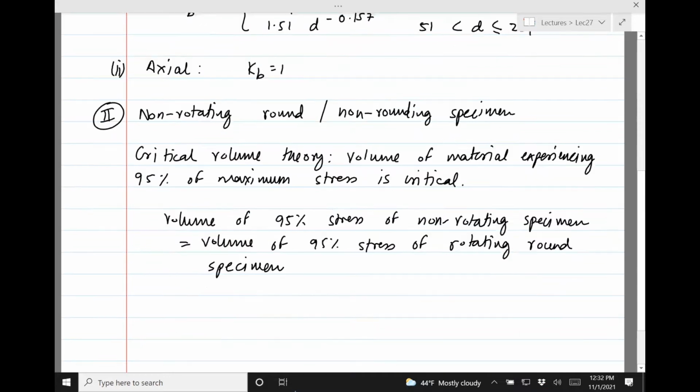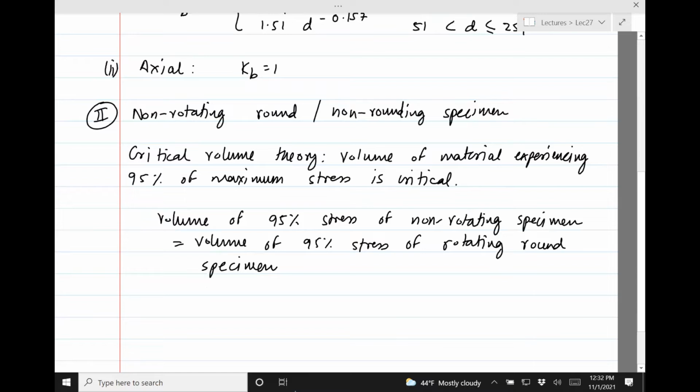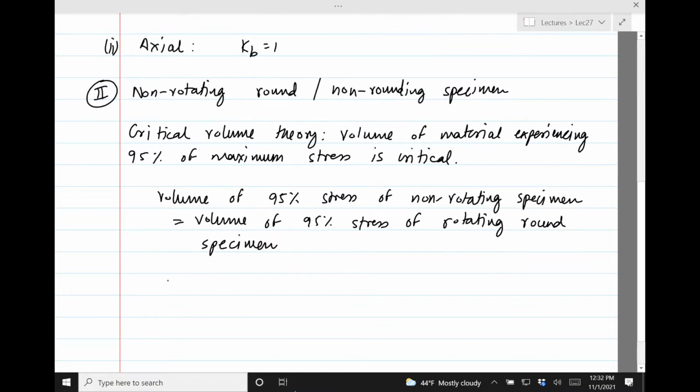Okay, so when you equate the volumes, the lengths are the same, so lengths drop out, and so you're only left with equating the areas. You need to equate the areas.